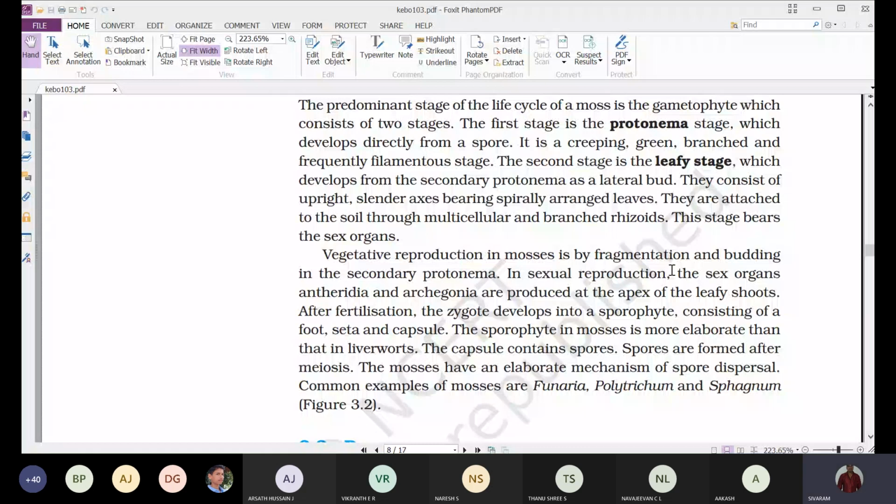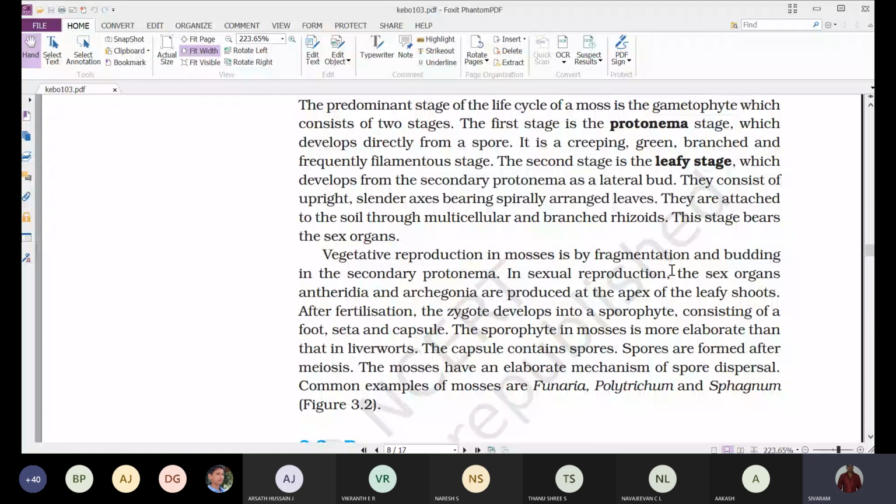So budding, which is a type of asexual reproduction, is also observed in mosses.